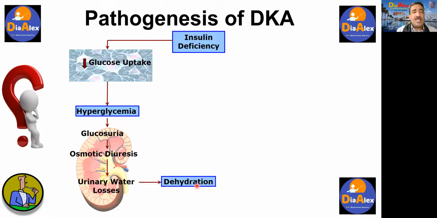But it's not only water. Associating loss of water in diuresis, there is loss of electrolytes as well. So there will be electrolyte depletion, especially potassium, and the patient will get total body depletion of potassium in DKA.